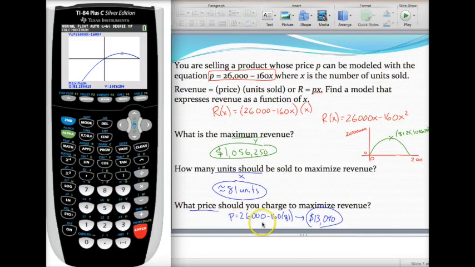So 26,000 minus 160 times 81, just typing that into your calculator, gets me a price point of $13,040. So I don't know what it is I'm selling, but I guess it's expensive. So there's the price I should charge. That will get me 81 sales, which will maximize my revenue and get me a little bit over $1 million. So again, make sure you're answering the question they're asking, and be careful with setting up that window.